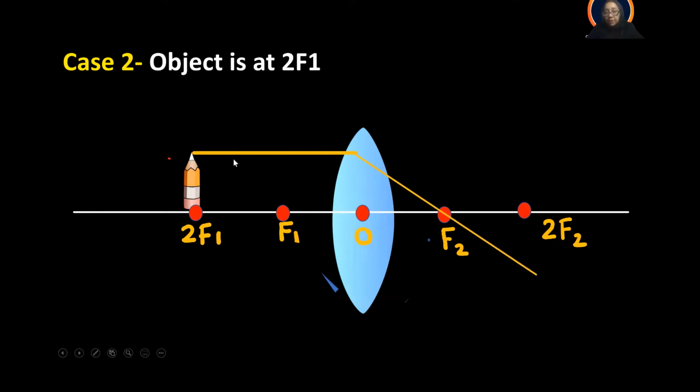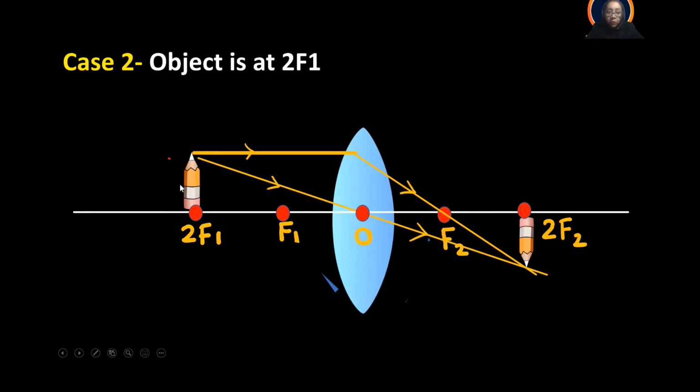This particular ray, which is parallel to the principal axis, is passing through the second focus. The second ray that we have chosen doesn't cause any deviation and passes through the optical center. These two refracted rays meet at this particular point, and this point will be the head of the image. So again, we will get this particular image.